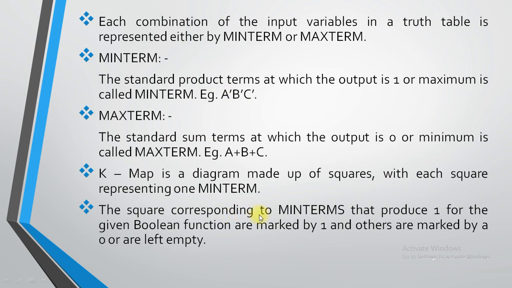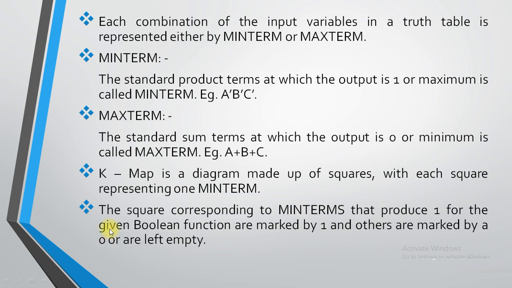The squares corresponding to minterms that produce 1 for the given Boolean function are marked by 1, and others are marked by 0 or are left empty. This line I will explain later on, how the values are applied in the K-map.